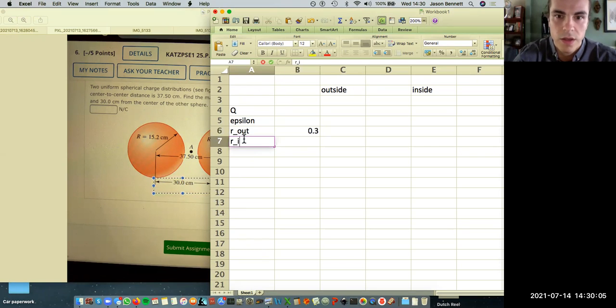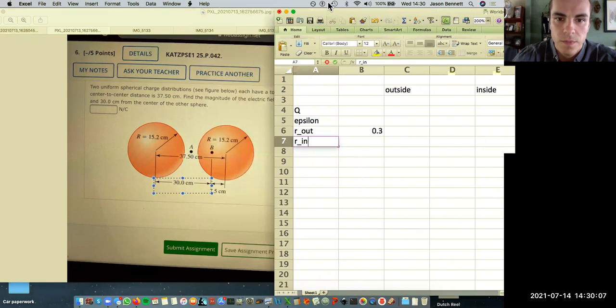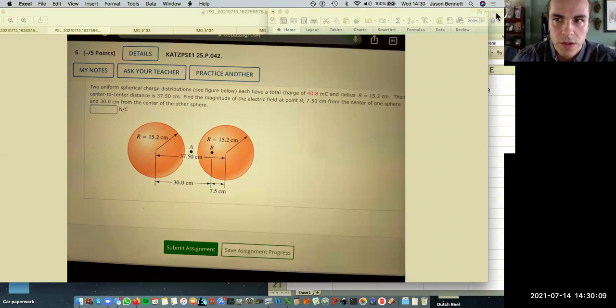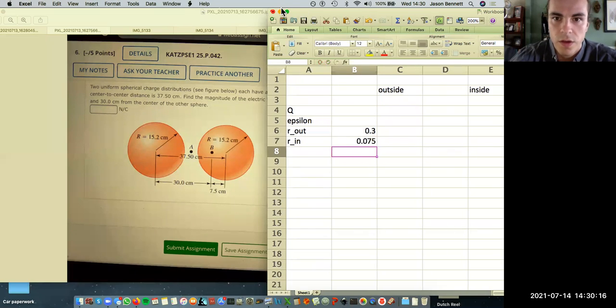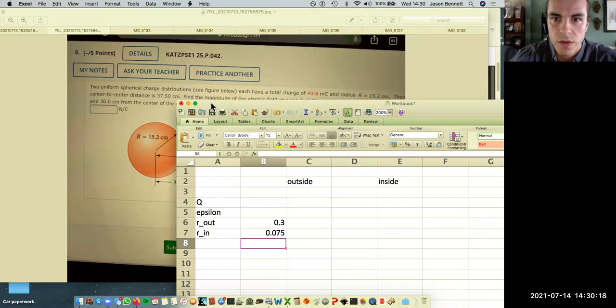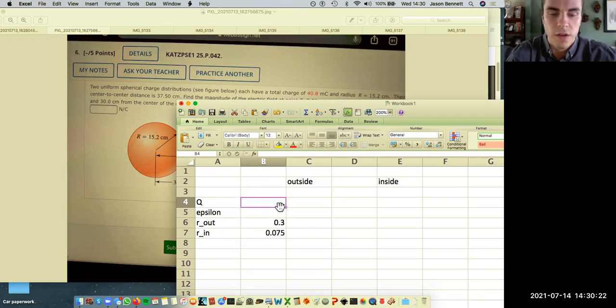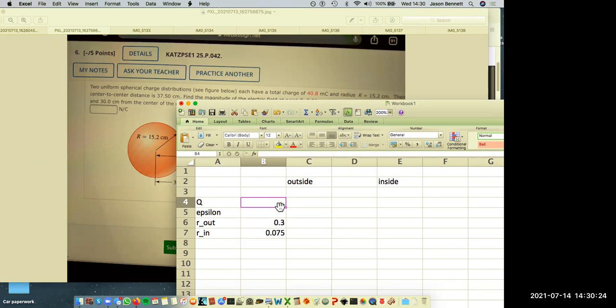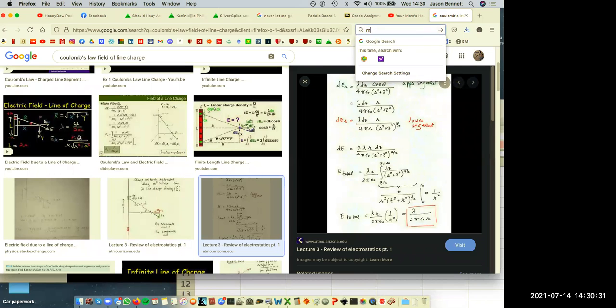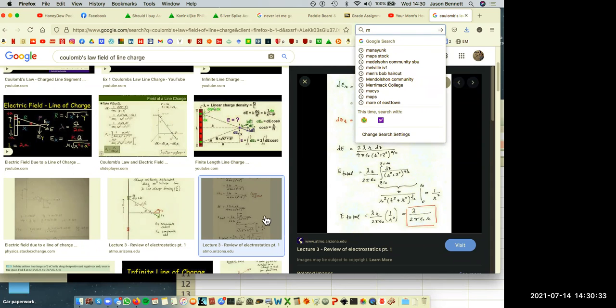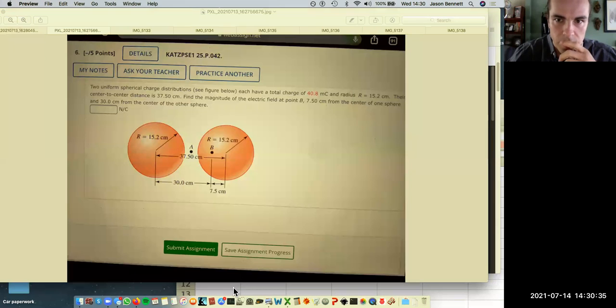R in will be 7.5 centimeters, 0.075. Q is, what is micro? Is that 10 to the -6? Is it milli or micro? Micro is mu. Oh, you're right, of course. Milli. Okay.